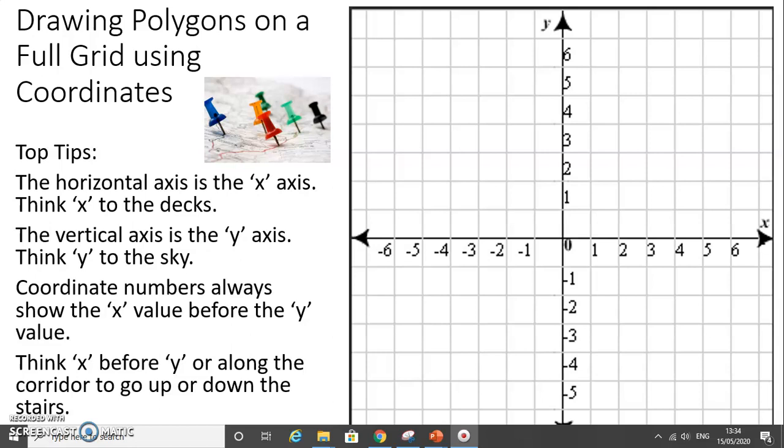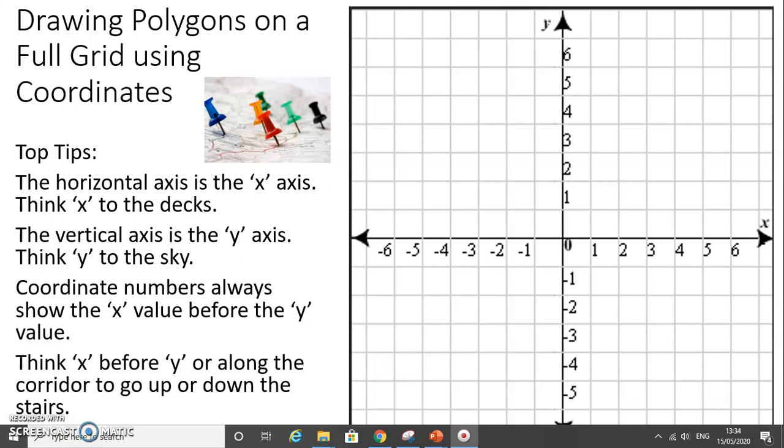In this lesson we're going to be drawing polygons on a full grid using coordinates. Let's remember back to our last lessons on coordinates. The horizontal axis, the one going in the same line as the horizon, is the x-axis. We can remember that by thinking x to the x. The vertical axis, the one going from down to up, is the y-axis, and we can remember that by thinking y to the sky.